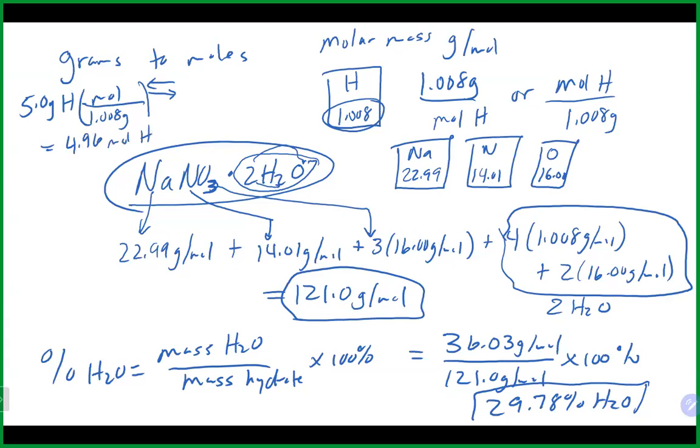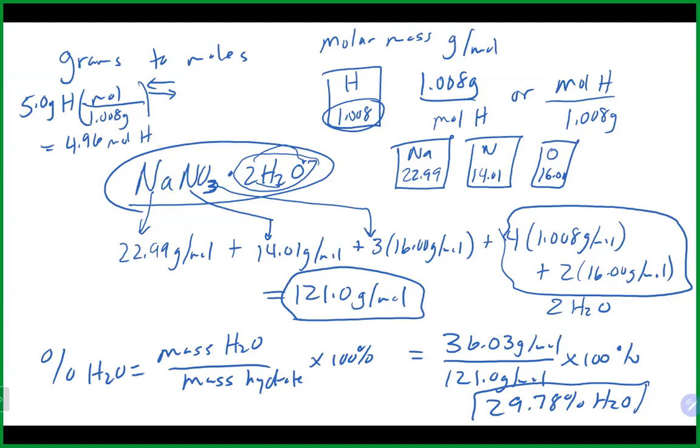So we also use the molar mass to convert from grams to moles, and that's what you need to do when you calculate the empirical formula, like the second experiment. You take the grams, you convert them to moles, and then you divide everybody by the smallest number of moles, and that will give you your empirical formula.